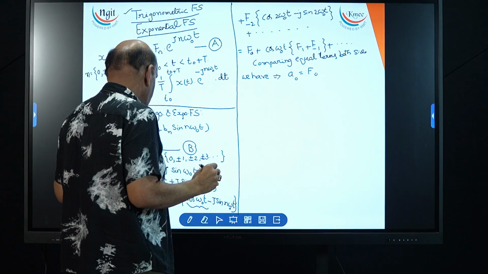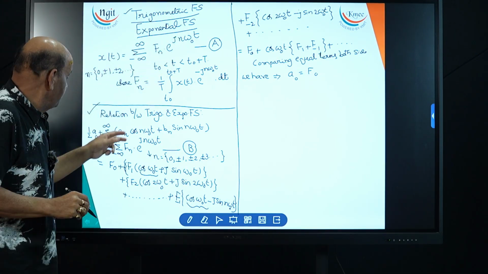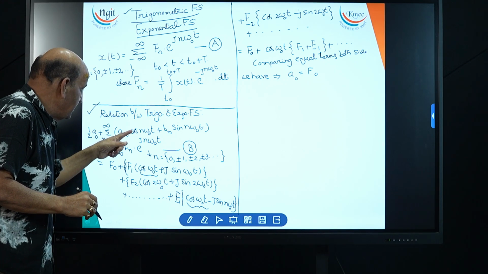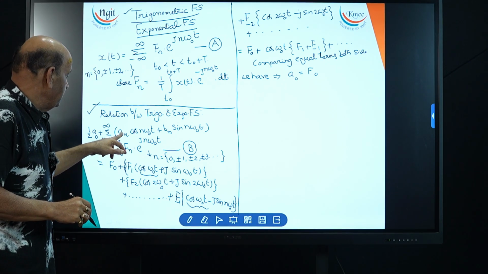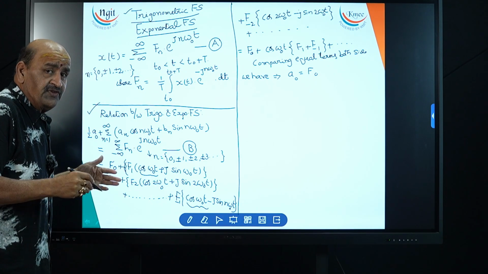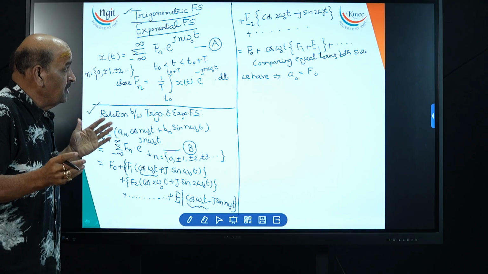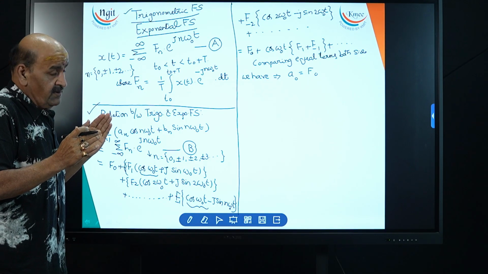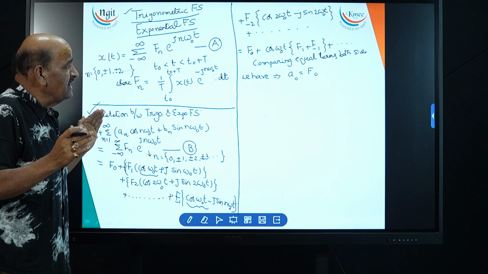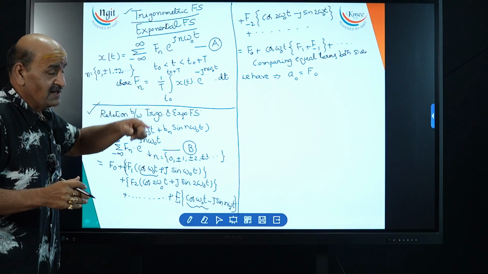On the left side, how many coefficients do we have in the trigonometric series? A naught, An and Bn only. But here there seem to be so many coefficients upon expanding this series. After combining the coefficients of equal terms, we get A naught equal to F naught.